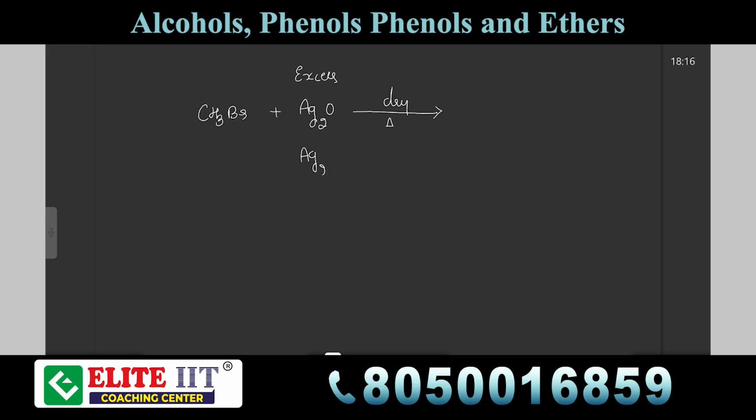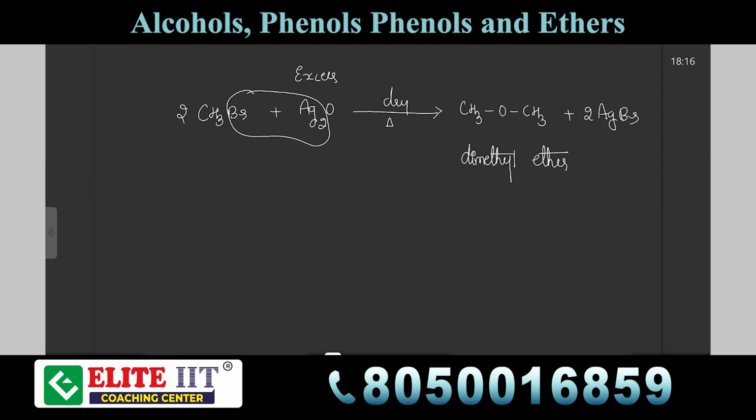What happens is, it will react with AgBr. So you will get here dry ether, that is CH3OCH3, with elimination of two molecules of AgBr, which we call dimethyl ether.